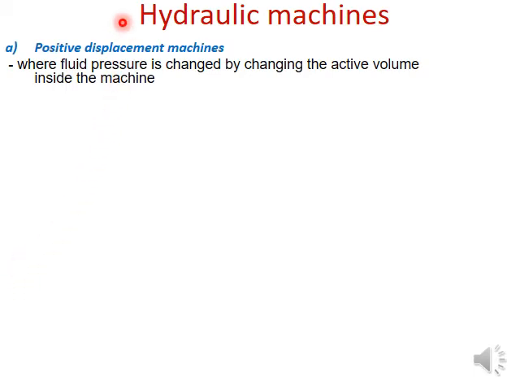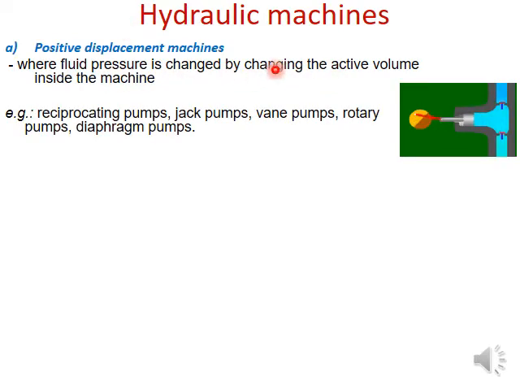Okay, let us see the difference between positive displacement machines and rotodynamic machines. In a positive displacement machine, fluid pressure is changed by changing the active volume inside the machine.